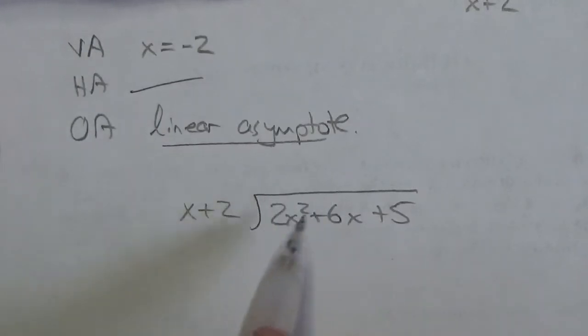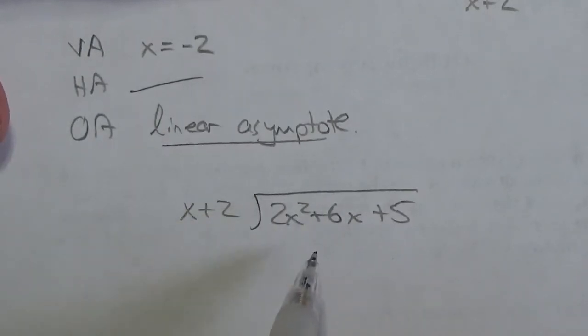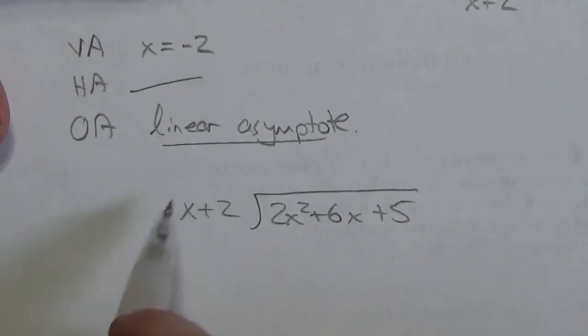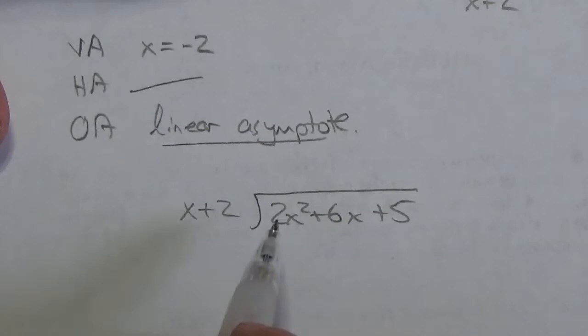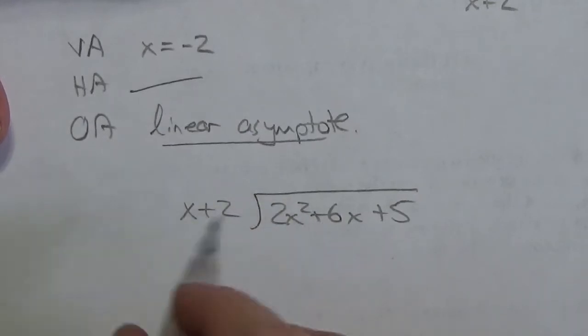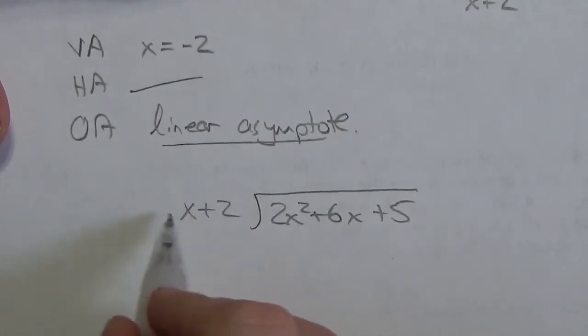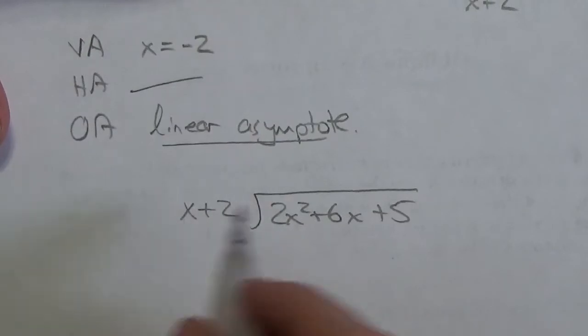I want to first get rid of this 2x squared, and to do that, with my divisor I'm going to use the x, the highest degree term. So to make it look like 2x squared, I'm going to multiply this by 2x.